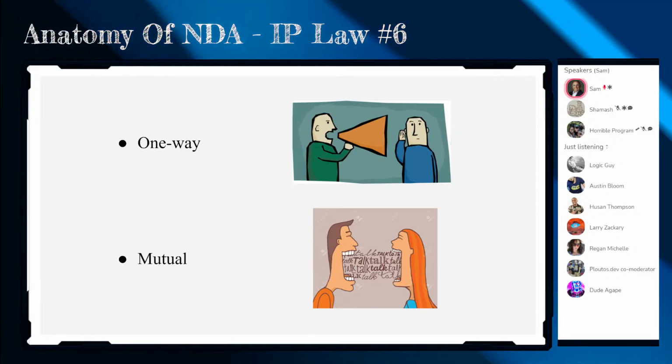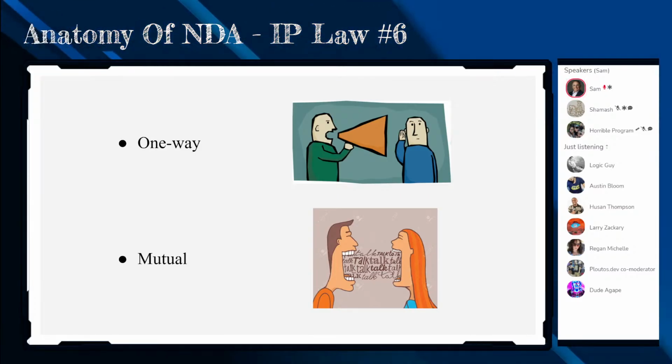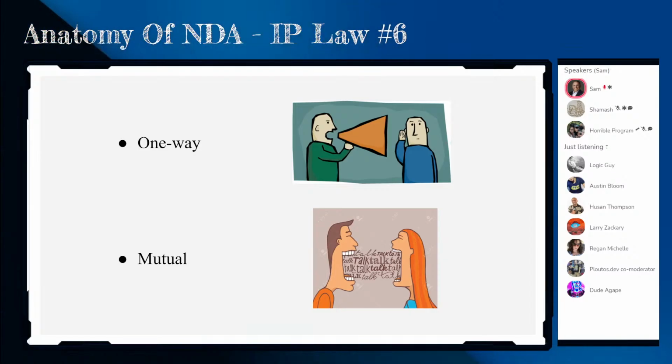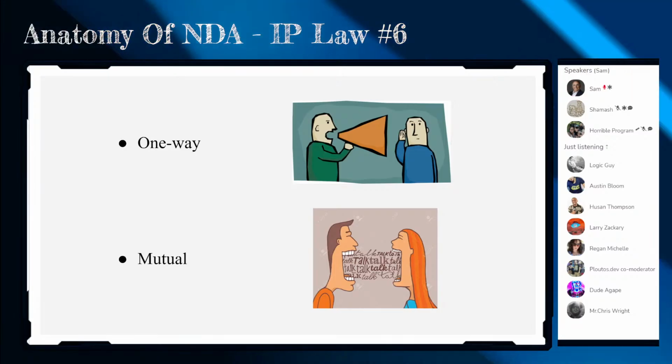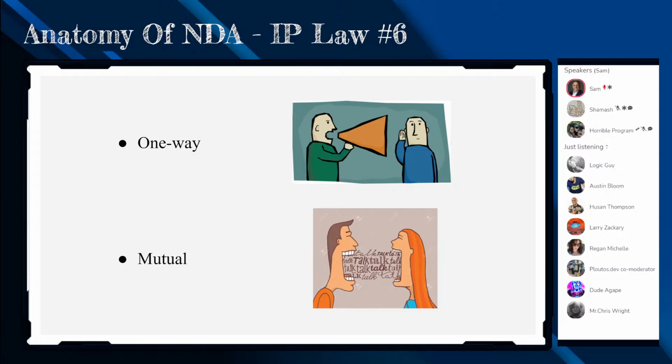So, the confidentiality agreement, hereinafter referred to as agreement, effective as of the effective date, by and between ABC, having an address of, hereinafter ABC, and XYZ LLC, having an address of, hereinafter XYZ. So basically, we have identified the two parties to this contract, and we have given an effective date.